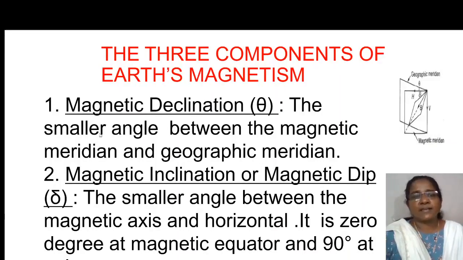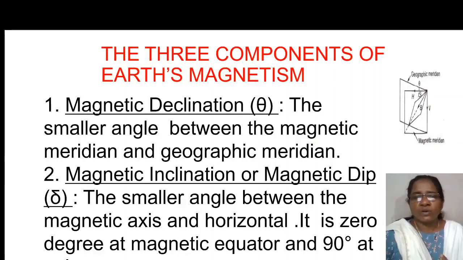Now we will move on to the elements of Earth's magnetism. First one is magnetic declination, which is the angle between the geographic meridian and the magnetic meridian. So this smaller angle between the geographic meridian and the magnetic meridian is known as the magnetic declination, denoted by theta. Now there is another angle that is also known as dip angle or magnetic inclination.